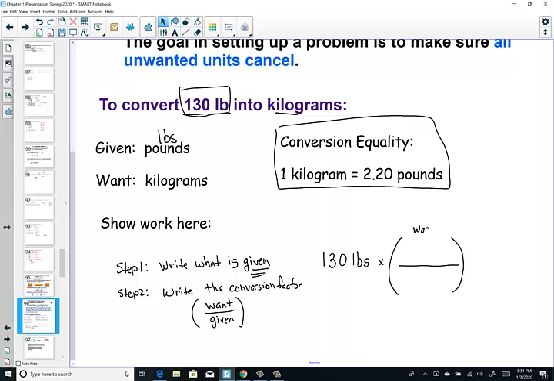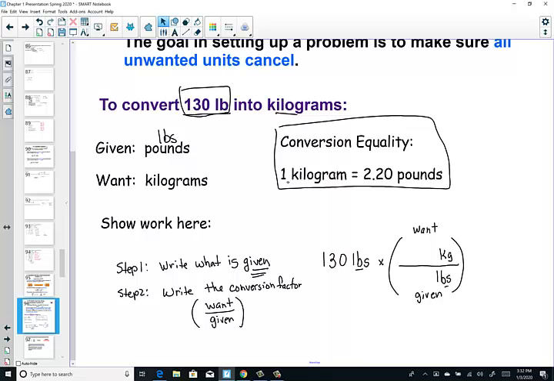Think about that process as: what unit do we want? What unit were we given? We were given the unit pounds, and I need to make sure that gets placed on the bottom so that pounds will cancel. What unit do we want? Well, we want to solve for kilograms.